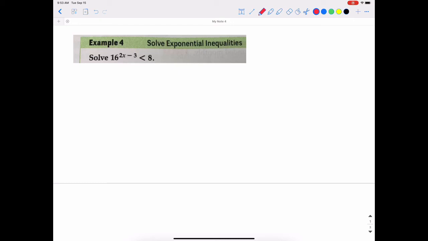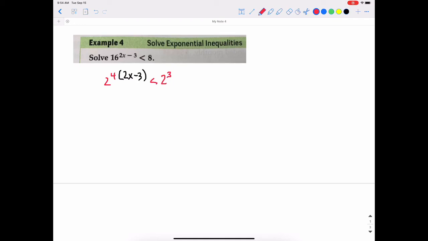So I could rewrite the 16 as 2 to the 4th power, but that exponent already had a 2x minus 3 in it. And then that's going to be less than 8, which could be rewritten as 2 to the 3rd power. And the 8 didn't have any exponent with it, so there was no other exponent to bring down.